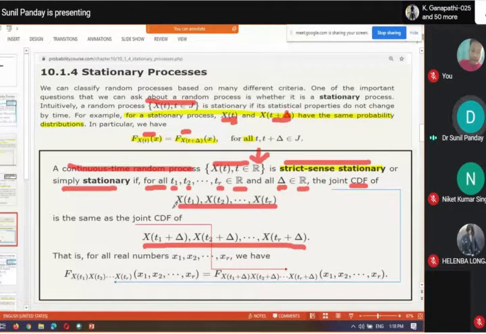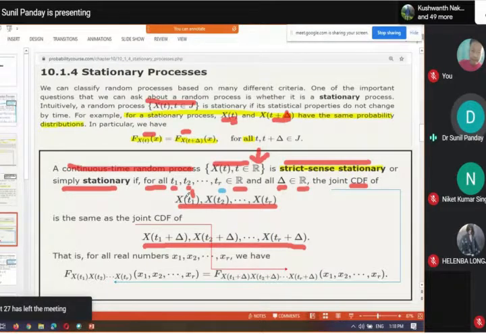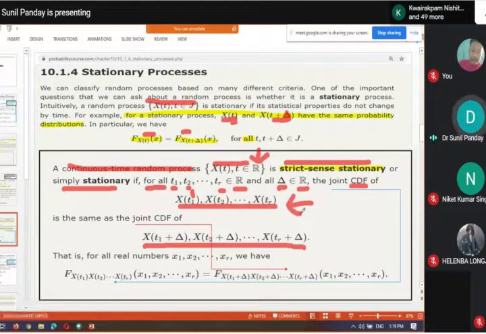So like t1, t2, ..., tr, you have taken r time instances from the set of numbers, and for that you get the random variables X_t1, X_t2, ..., X_tr. So you get one set of random variables.